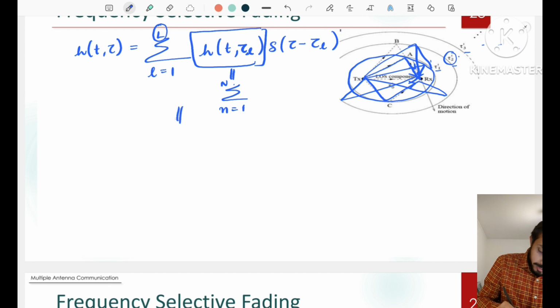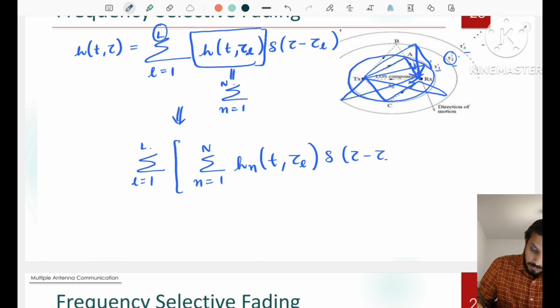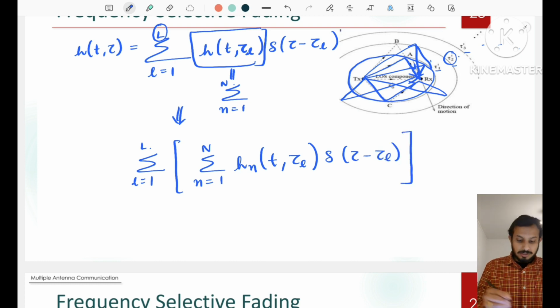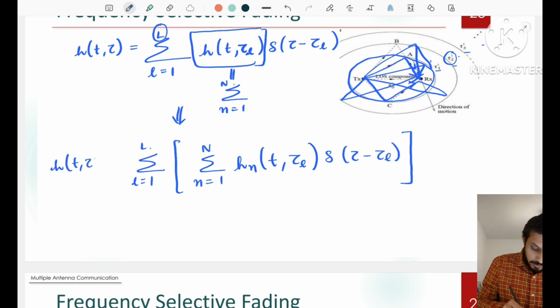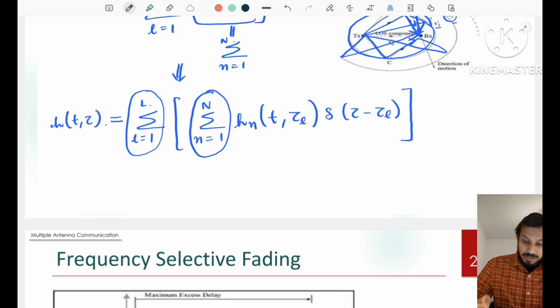How we can write this is the summation over l equal to 1 to L, summation over n equal to 1 to N, h_n(t, tau_l) delta(tau minus tau_l). So this is the expression for h(t, tau), where l equal to 1 to L represents the number of ellipses. And n equal to 1 to N represents the number of multipaths that are coming with a particular propagation delay, that is tau_l.